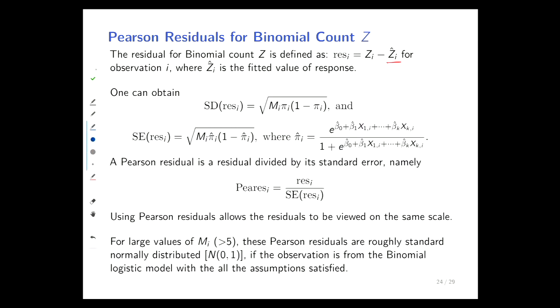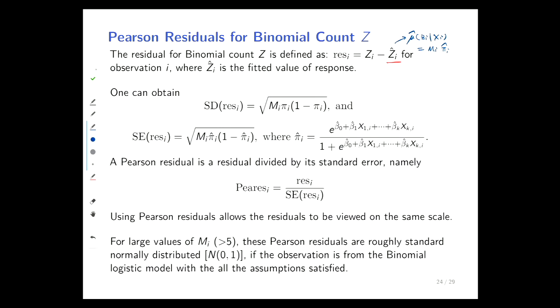That is actually the mu hat z_i given x_i, which equals m_i times pi hat_i, the probability of success. We still have i, because for different x we have different probability. So by using the fitted probability, we can compute the fitted value of z.